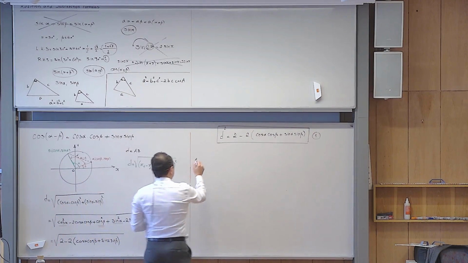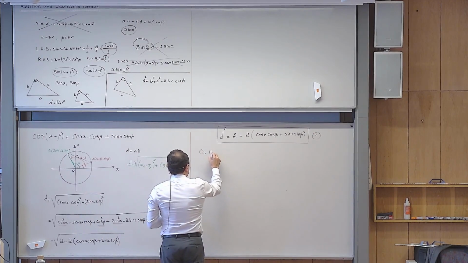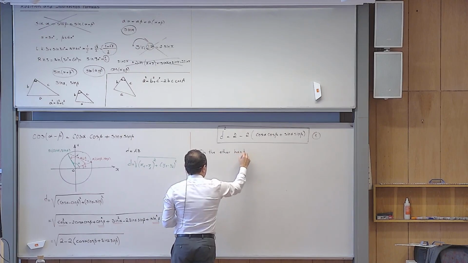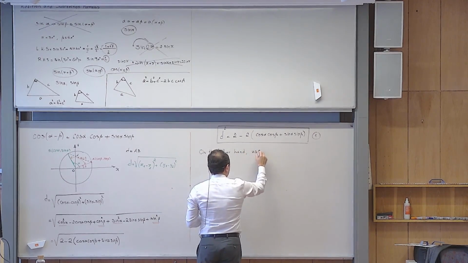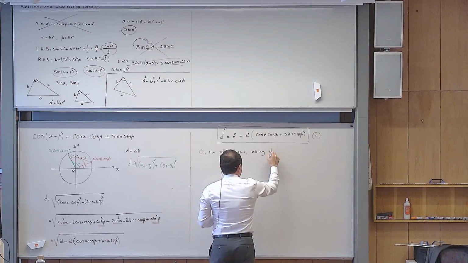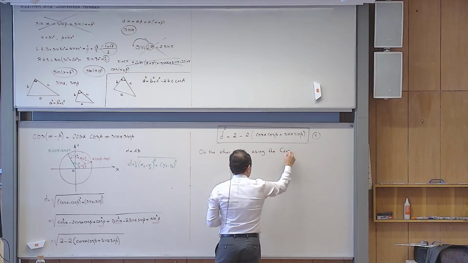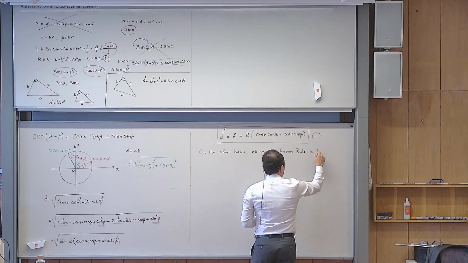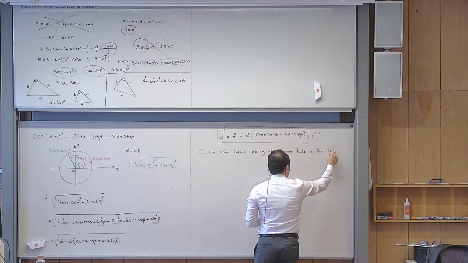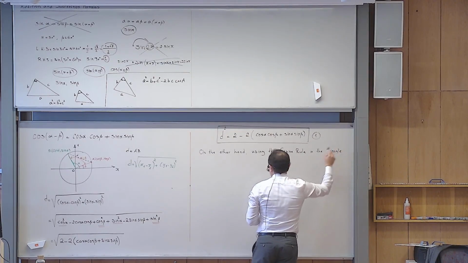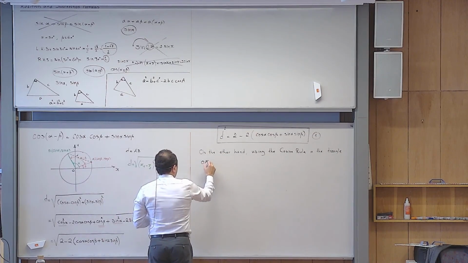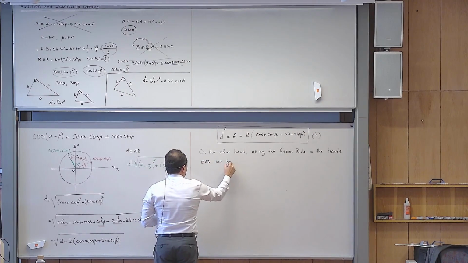So on the other hand, using the cosine rule, in the triangle OAB, we have, okay, I want to wait for you.